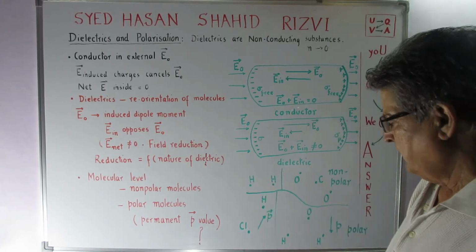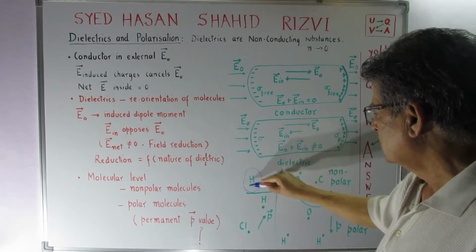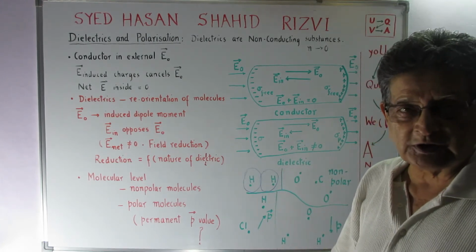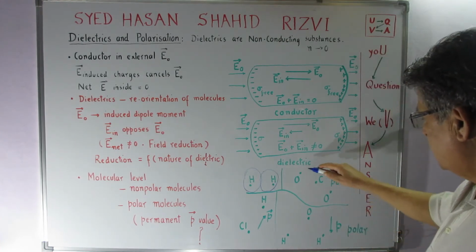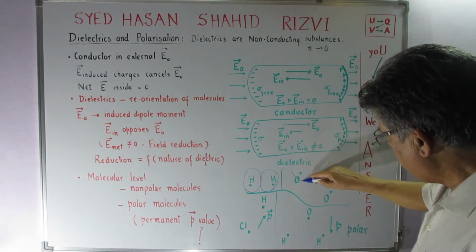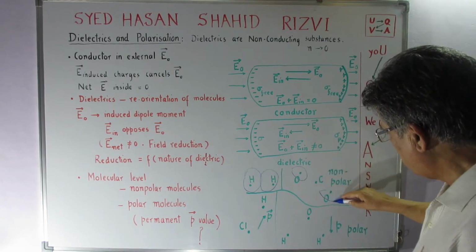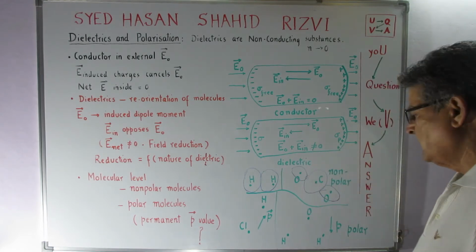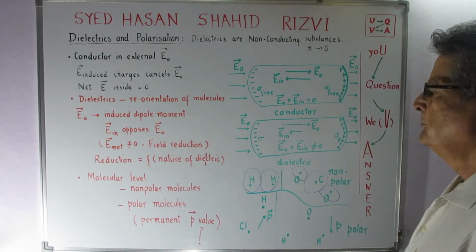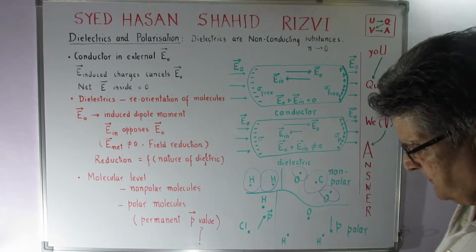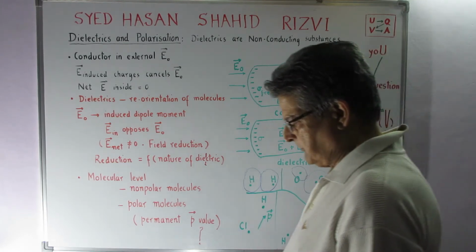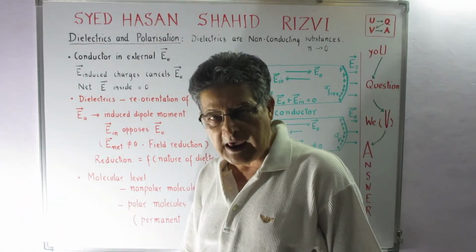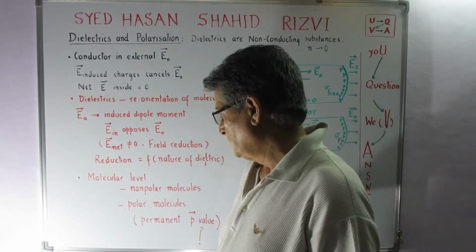Here I have a molecule of hydrogen, okay, or I can have a molecule of oxygen, and here an atom of oxygen, and like this they are in the same line. They are non-polar. It means their centers of positive and negative charges are the same. There is no separation between them. So the separation 2a is equal to 0 in this case.